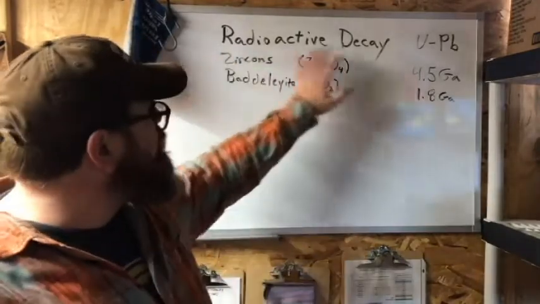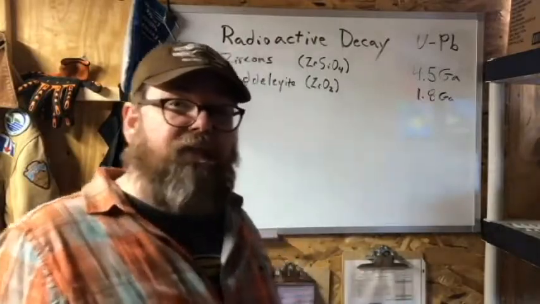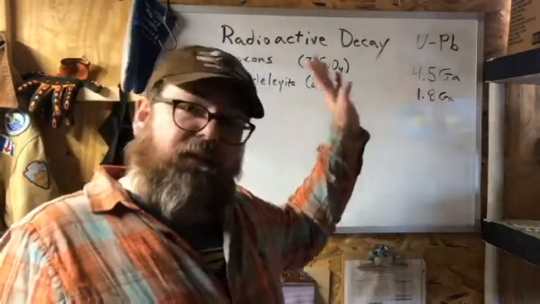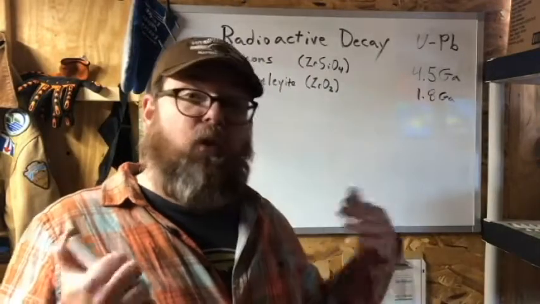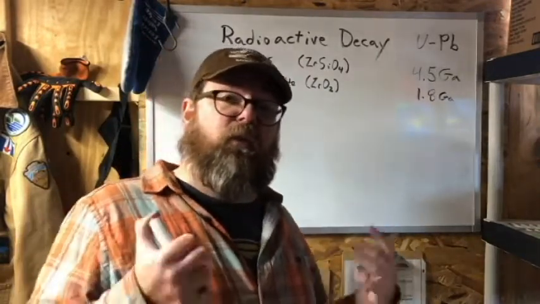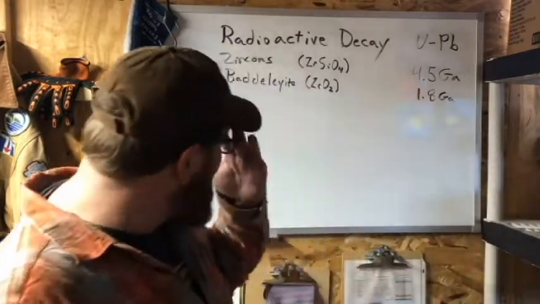But the vast majority of things we like to date, like granitic rocks, they solidify in a nice temperature range where zircons will form, and they have coarse crystals, and coarse crystals are what you like to date because the bigger something is, the easier it is to work with in this case.